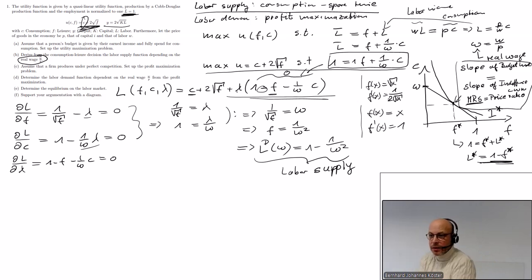Since I want a normal situation here, it should be increasing, that the supply function is increasing in prices.